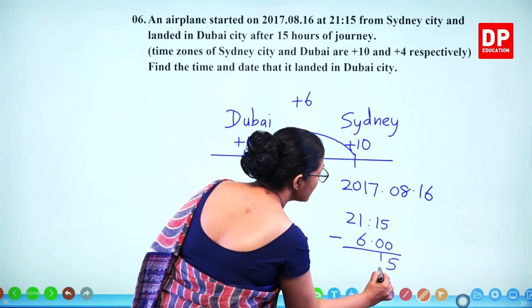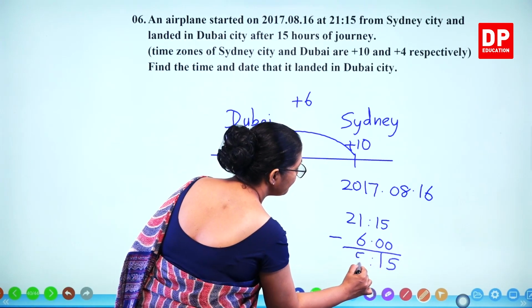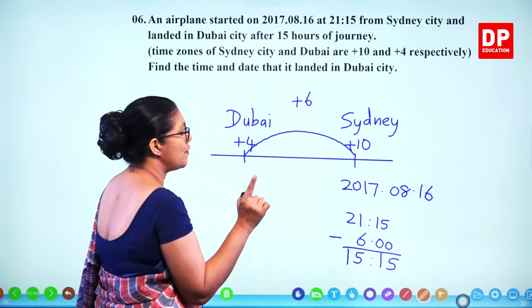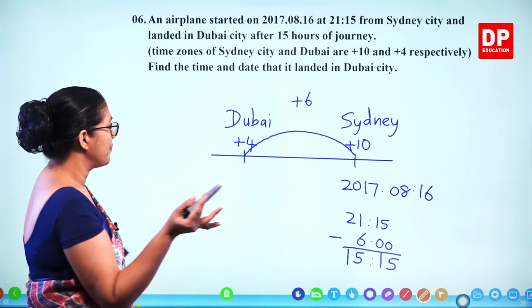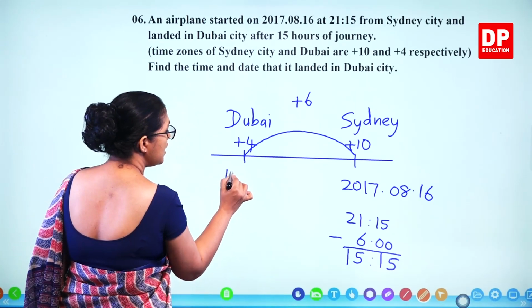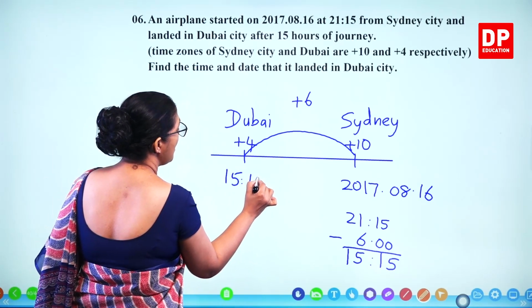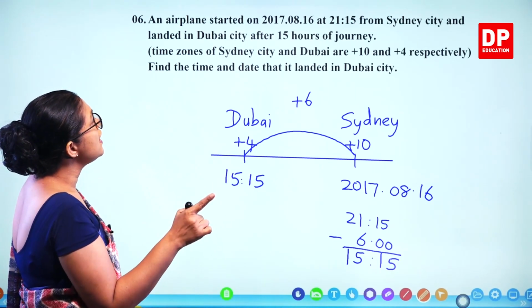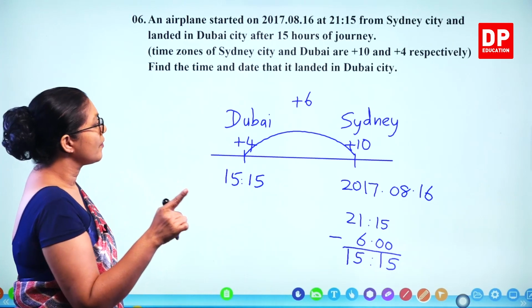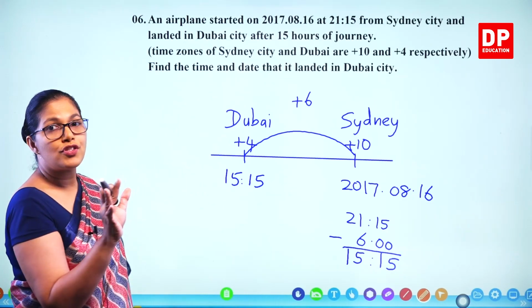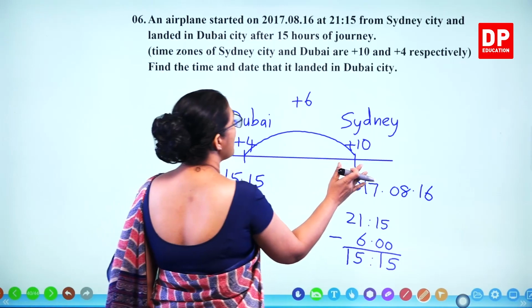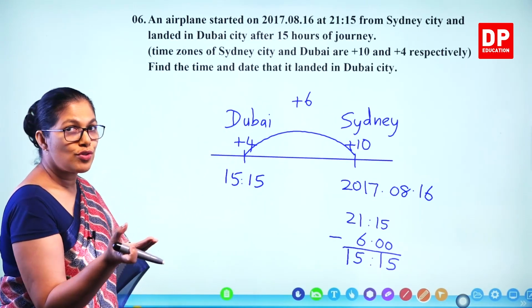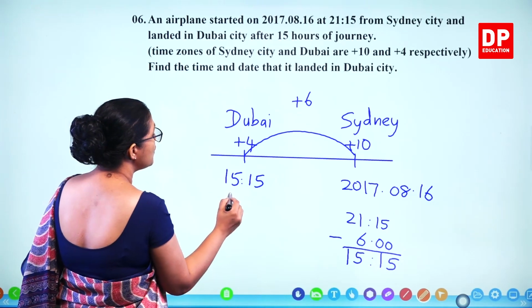So subtract and see what's the time. That means 3:15 p.m. So this is 3:15 p.m. But the journey is 15 hours. So we need to add 15 hours to that.